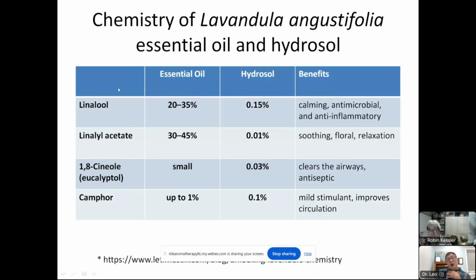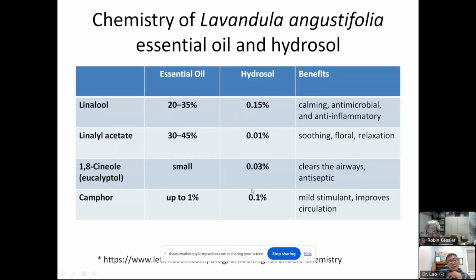Because their solubility in water is different, the hydrosol has a different profile from the essential oil. In the hydrosol, linalool has pretty good solubility, so it can reach 0.15%. But linalyl acetate is very low.